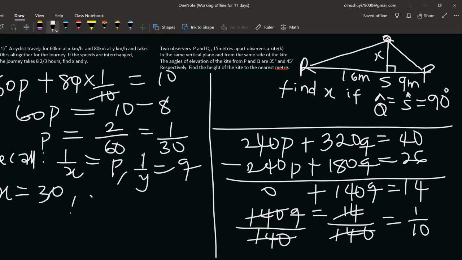So y will be equal to 10. Now you do the solving.